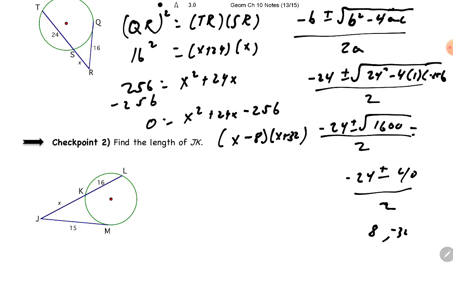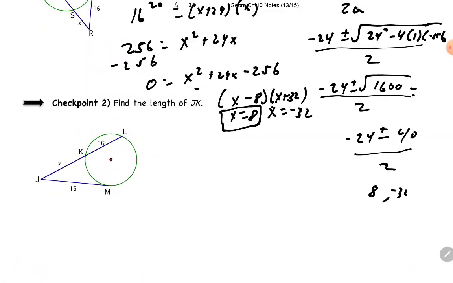There we go. And that will give you x equals 8, x equals negative 32. And since we're dealing with actual length, that means x cannot be negative 32. So our answer is x equals 8.